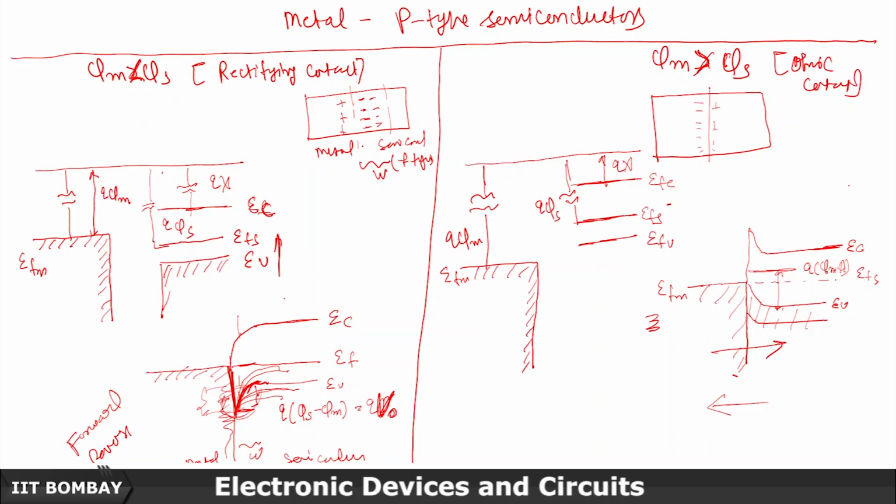So this will form an ohmic contact. So this way we have completed this metal to p-type semiconductors, and we have proved this is sort of an ohmic contact. So depending on the properties of the material that are being used, one can have a good ohmic contact.